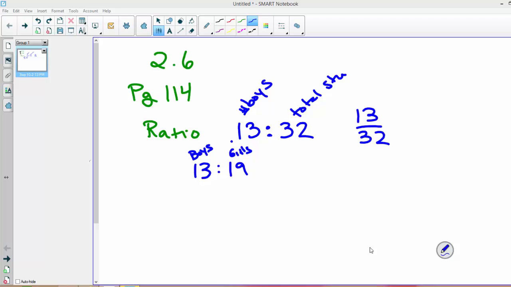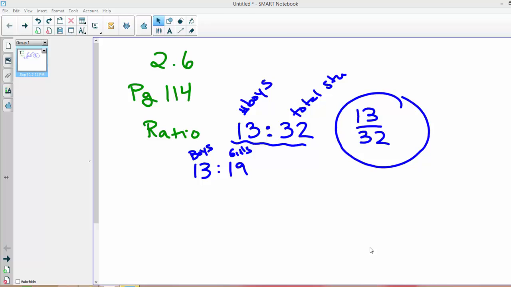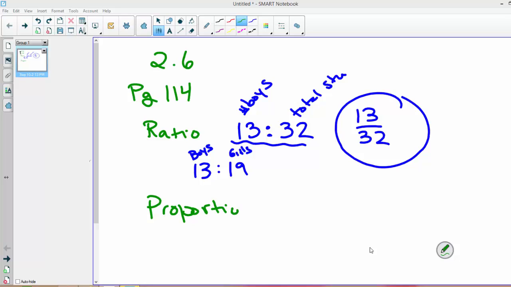So we're going to work with this fraction, actually, that ratio, and we're going to put it into a proportion. So a proportion is two ratios that are equivalent. So we could say that 13 over 32 is equal to, doubling both, 26 over 64.